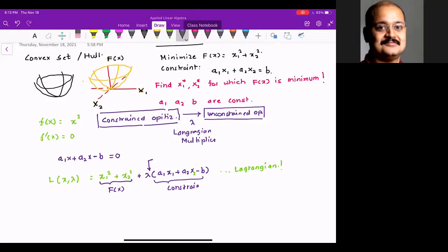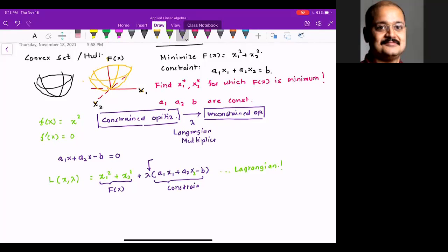Okay. So the idea is you have a constraint and you have a function to minimize. How would you bring that constraint into the function that you want to minimize? So think about it that you are trying to satisfy two conditions at the same time.